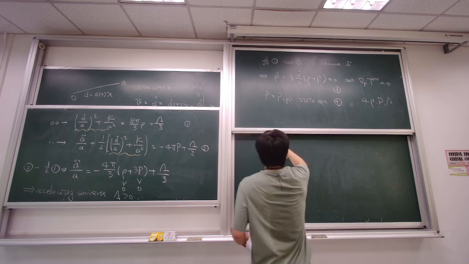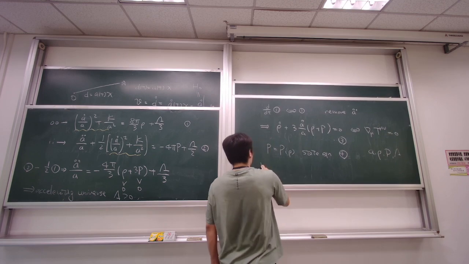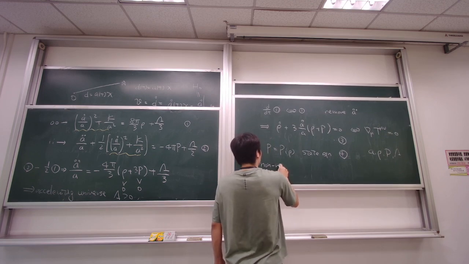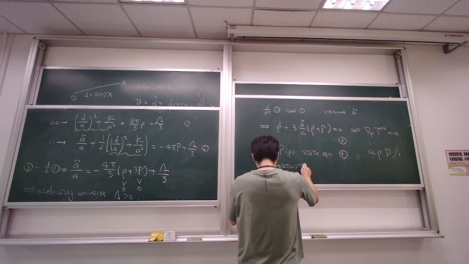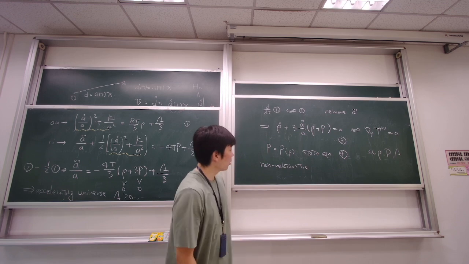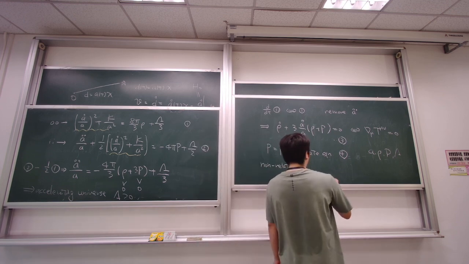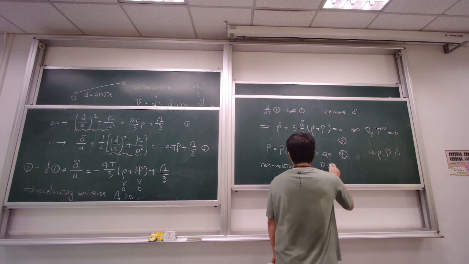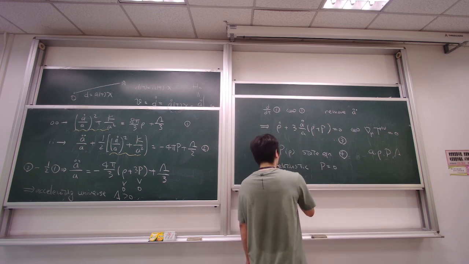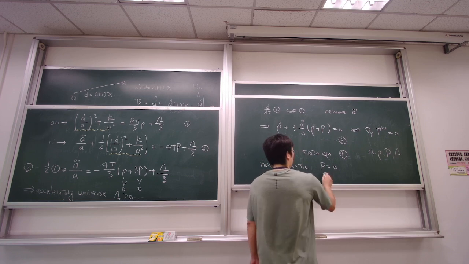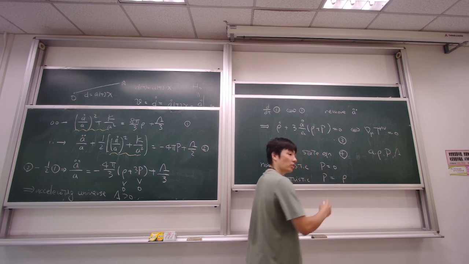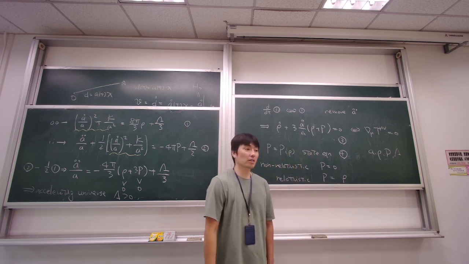So, for instance, the non-relativistic case: this equation states p equal to 0. For relativistic, do you know the relation between p and rho for relativistic?